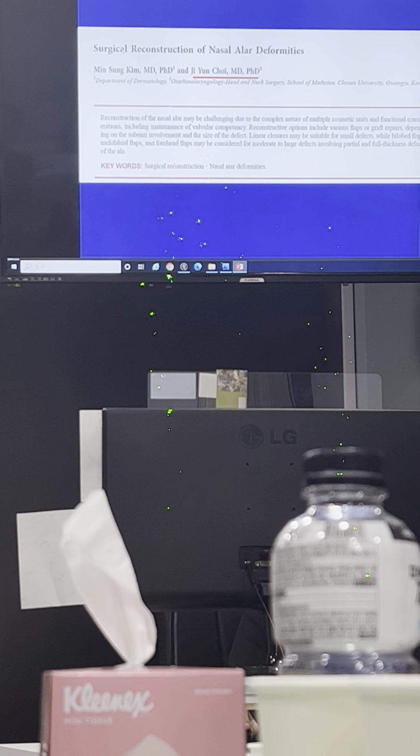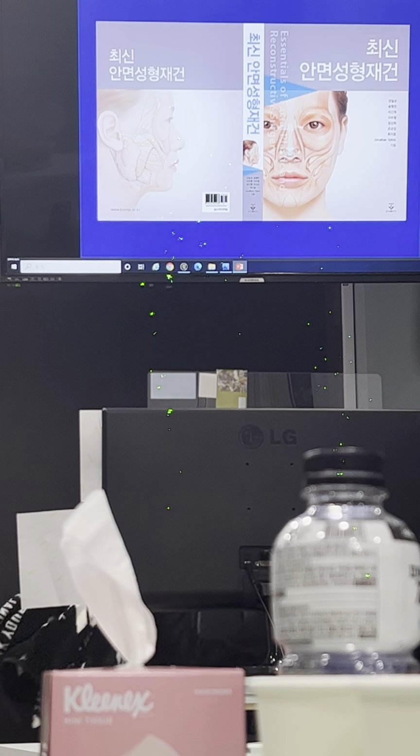So this is another article, on surgical reconstruction of nasal deformity. You can read my article. This is my book on facial plastic and reconstructive surgery, maybe 400 pages, but in Korean. Unfortunately, no English.